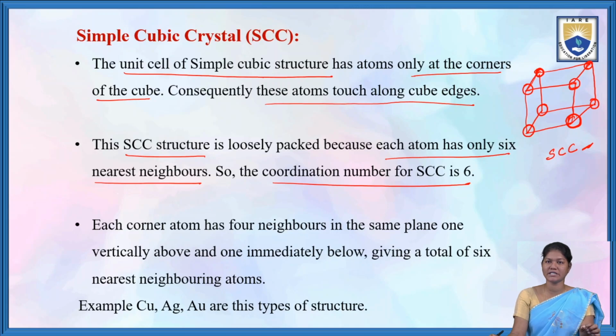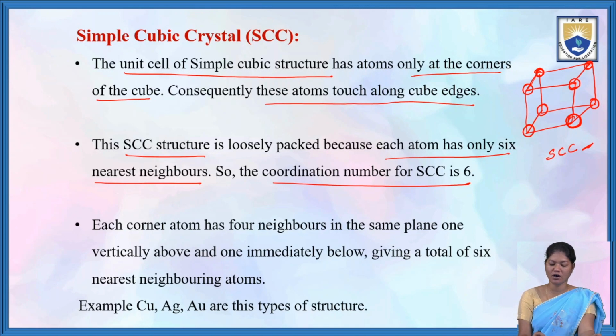The coordination number is the number of nearest equidistant neighboring atoms that an atom has in a unit cell. That is the coordination number.